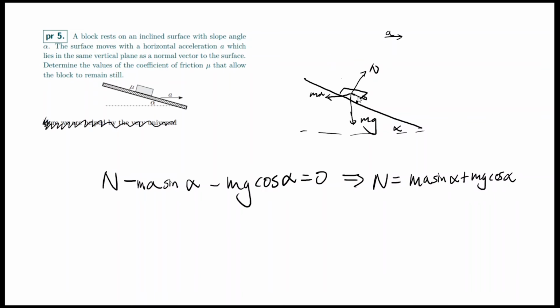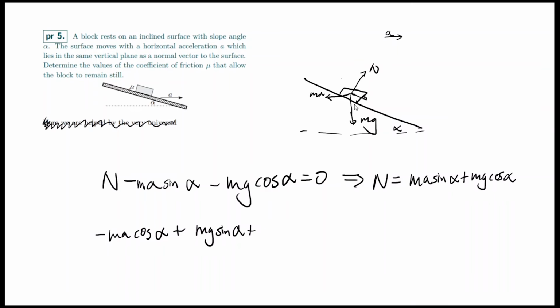So we just need to find the friction force now, and we can do that by balancing forces in the direction parallel to the plane. And that basically gives us, this angle is alpha again, so minus ma cosine alpha plus mg, so that's going to be sine alpha in this direction, so plus mg sine alpha, and we'll just let friction force be positive in this direction, but that doesn't really matter because we're going to have to take the absolute value anyway since mu is positive.